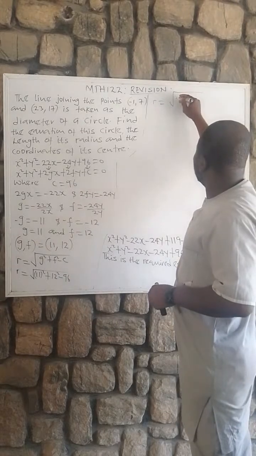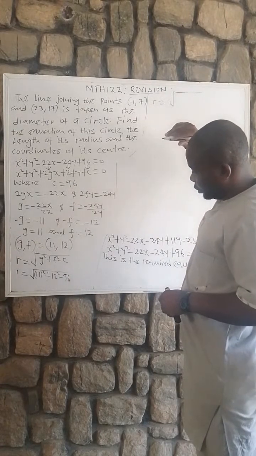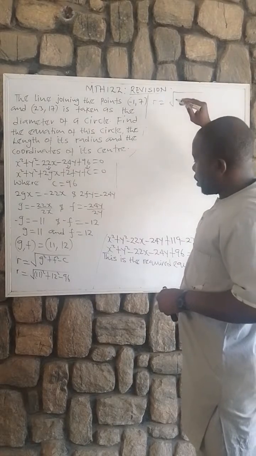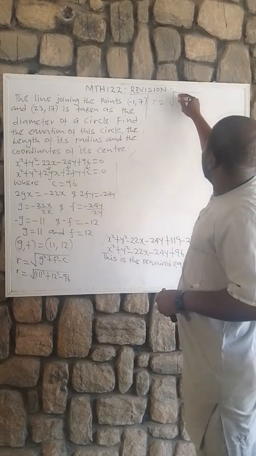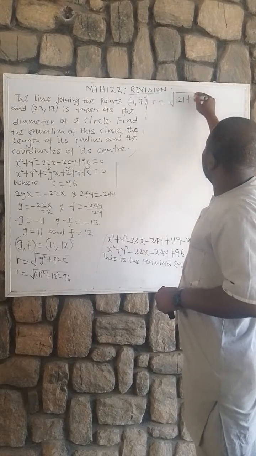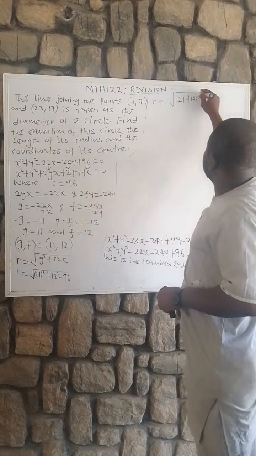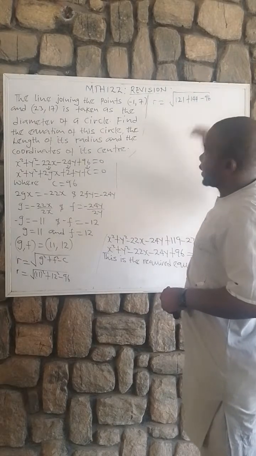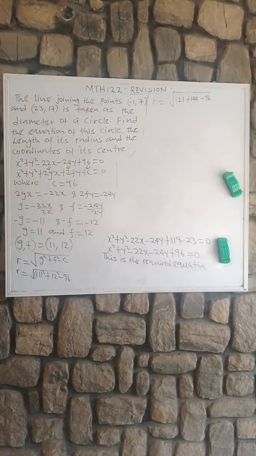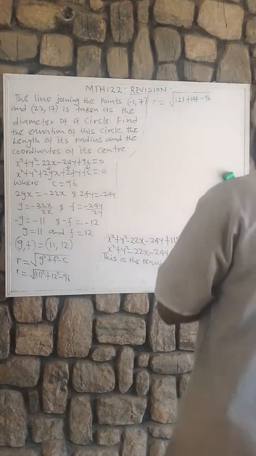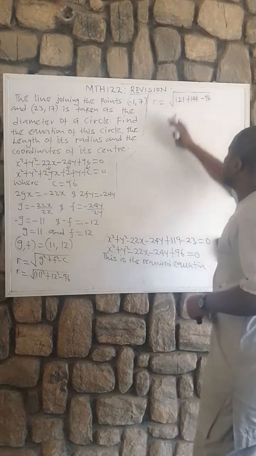So, 121 plus 144, right? Minus 96. True or false? 12 times 12 is going to give us 144 now, isn't it? And 11 times 11 gives 121. So let us add this.